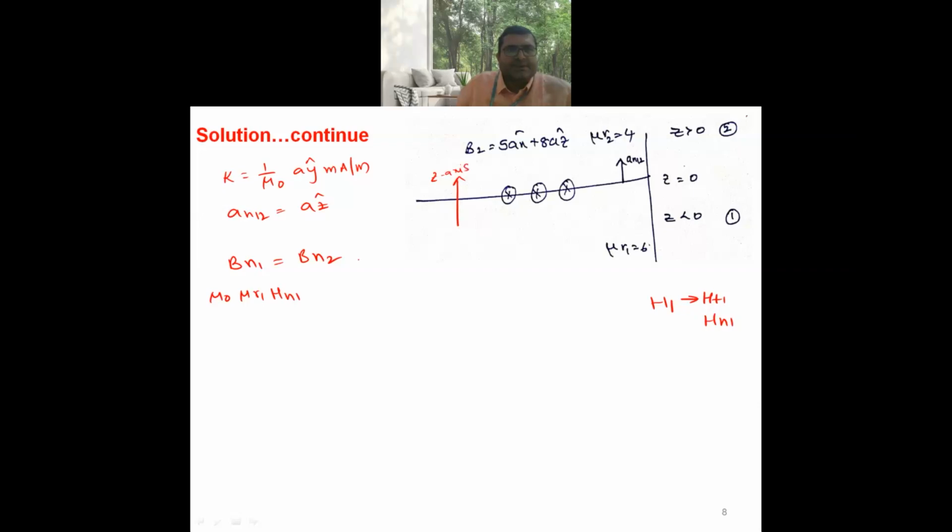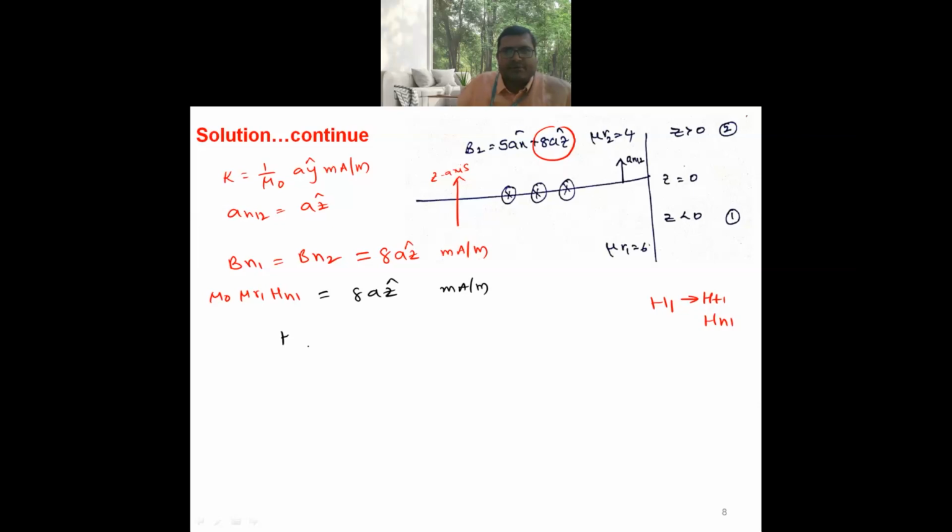So the normal component Bn1 is equal to Bn2, which is the az component, 8 az milliampere per meter. It is equal to 8 az cap milliamperes per meter.